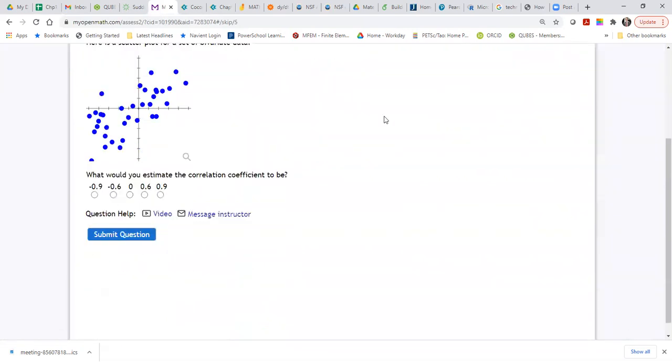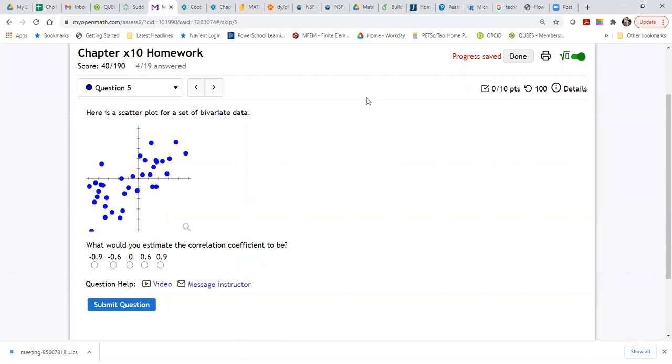Okay. So what do you think about this? Can anyone want to try this? So what do you think? This one is just this number that says, I mean, what would you estimate the correlation coefficient to be, right?